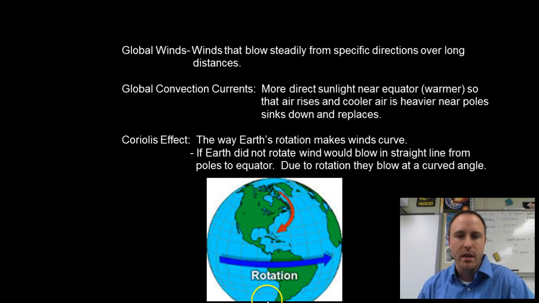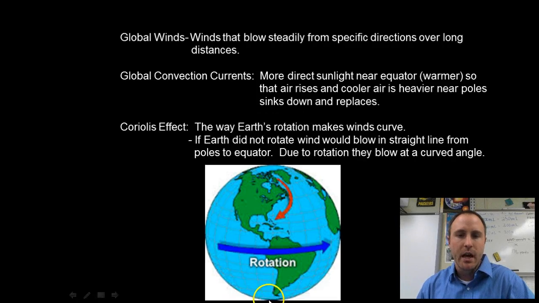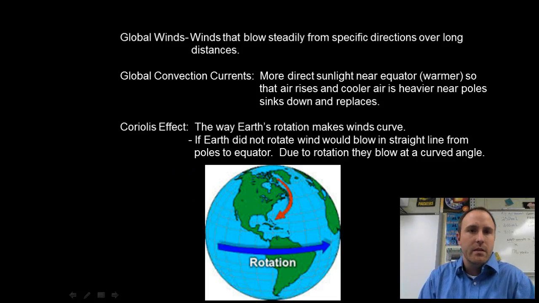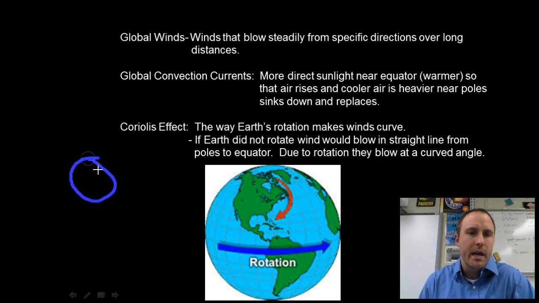is, I'm going to try to draw it for you here. Going to grab our pen. So if this is our Earth, and if the Earth is turning, we know that the sun is going to be giving direct sunlight towards the equator. So the equator gets the warmest temperatures.